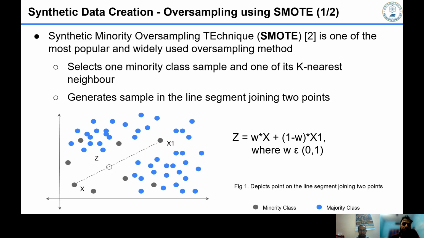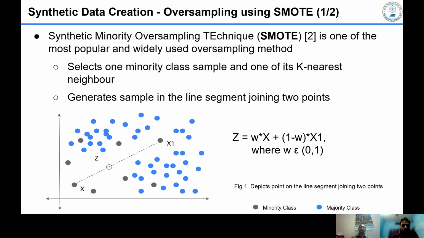The line segment is defined as follows: if z is a point on the line segment joining x and x1, it can be represented as w multiplied by x plus (1 minus w) multiplied by x1, where w is a constant in the range 0 to 1. Whether w is greater than or less than 1 minus w decides the vicinity of z.